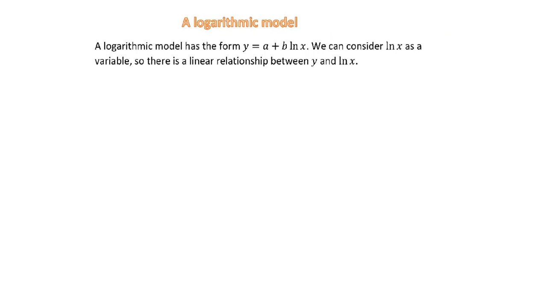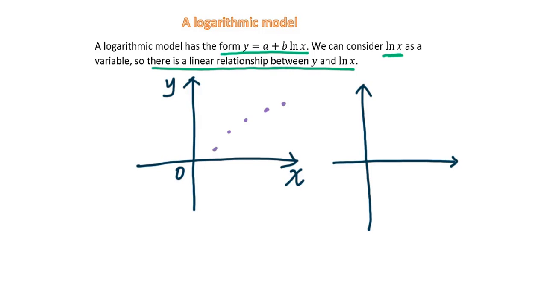First of all, let's talk about a logarithm model. A logarithm model has the form y equals a plus b natural log of x. We can consider natural log of x as a variable. So there is a linear relationship between y and the natural log of x. For example, this data has a logarithm model.